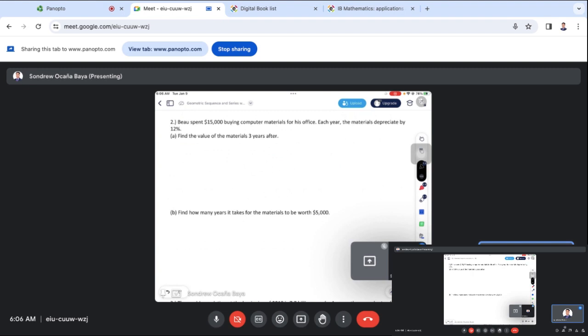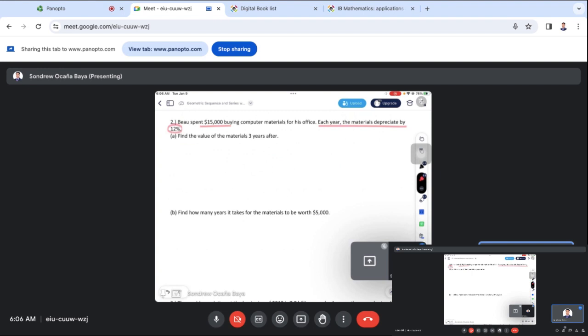So for number one, again, it's better for us to create a table because it makes things organized, no? We are given here this particular amount, 15,000. And then each year, the materials depreciate by 12%.